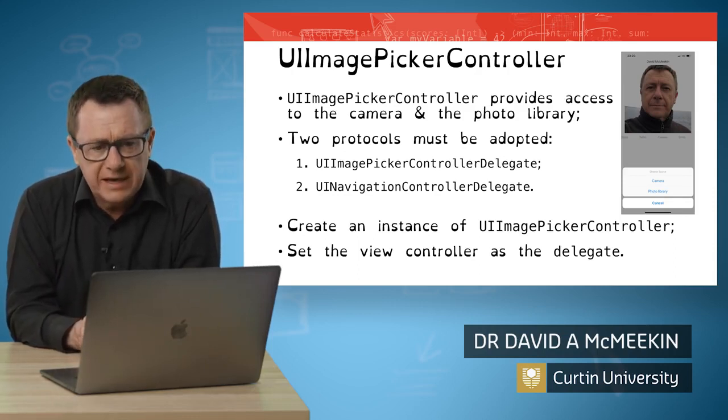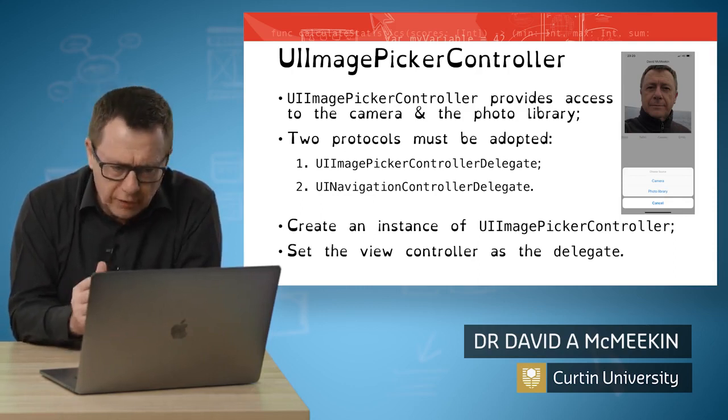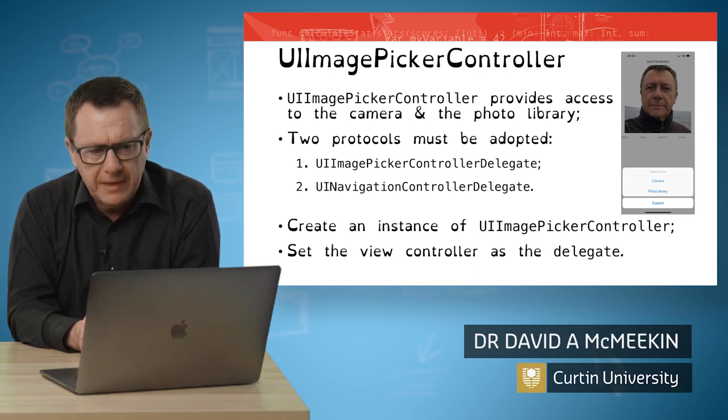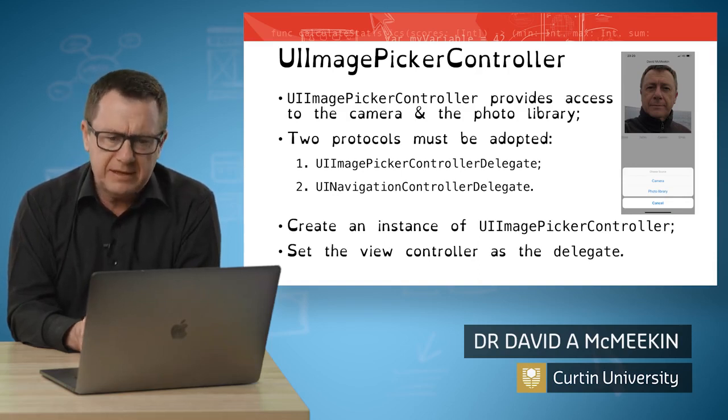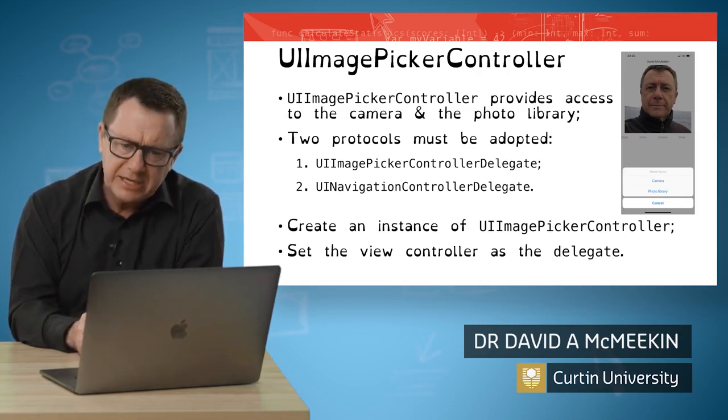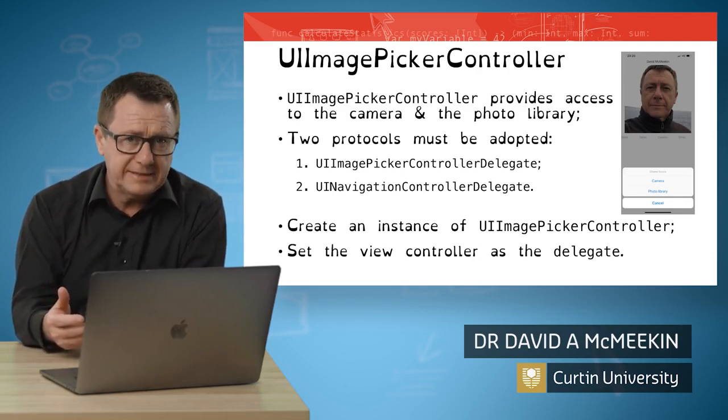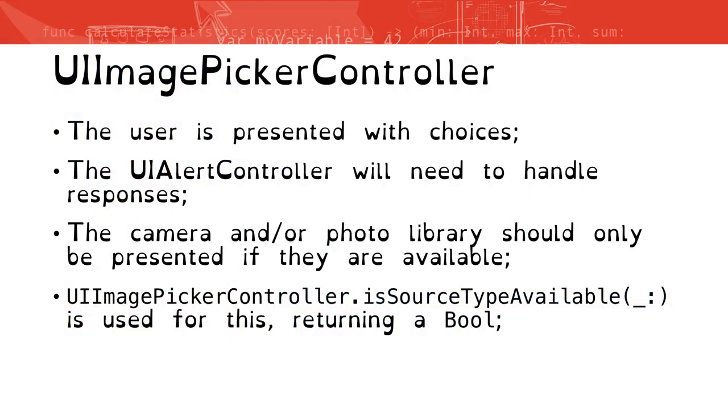And once this is done, we can go about creating an instance of UI image picker controller. And then the delegate needs to be set to the view controller we created. So once we've done this and we start to use it, you will know from using iOS devices, options are going to be presented to the user.